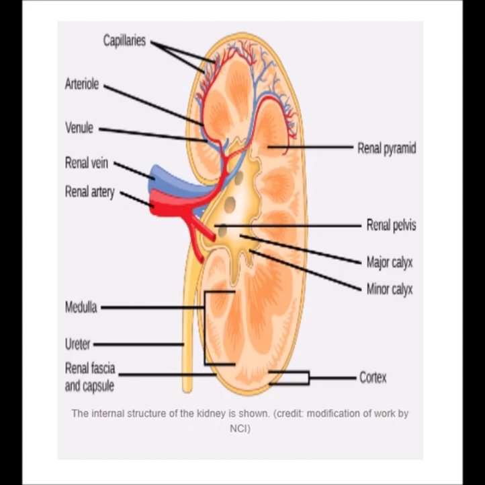The renal cortex, together with the major calyx, and then the renal pelvis, and then the renal pyramid. These are constituent parts of the internal part of the bean-shaped kidney.